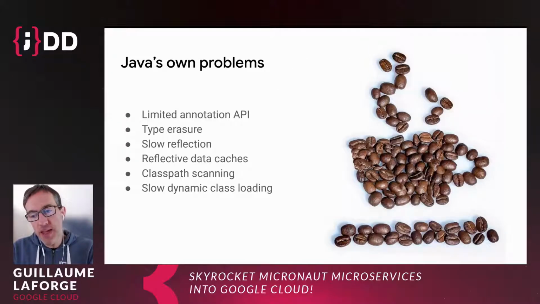So it's not necessarily the fault of the frameworks themselves, right? It also comes from Java's own problems. For example, in terms of annotation API, there are some limitations, and also with type erasure.